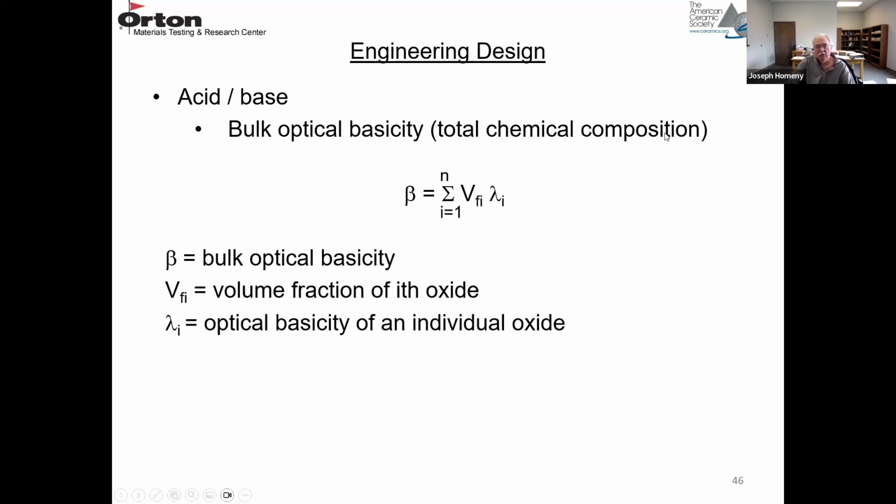So when you look at the total chemistry, the total chemical composition, you can calculate a bulk optical basicity. So that's beta. That's the summation over n components, and V is the volume fraction of the ith component, and lambda is the optical basicity of that particular oxide. So you can calculate the optical basicity for the entire composition, whether it's a refractory brick or a particular slag that's in contact with the refractory.